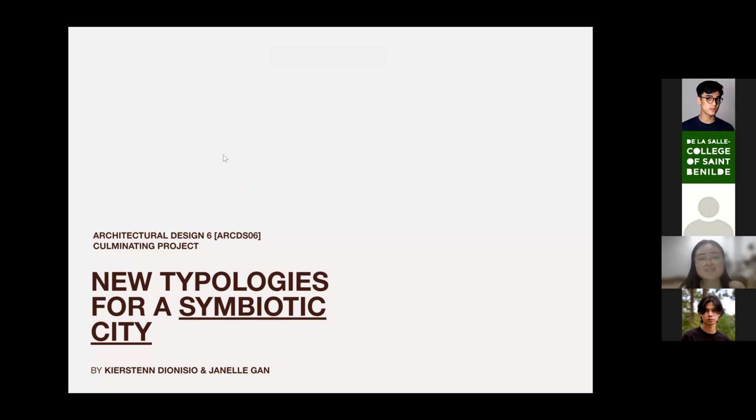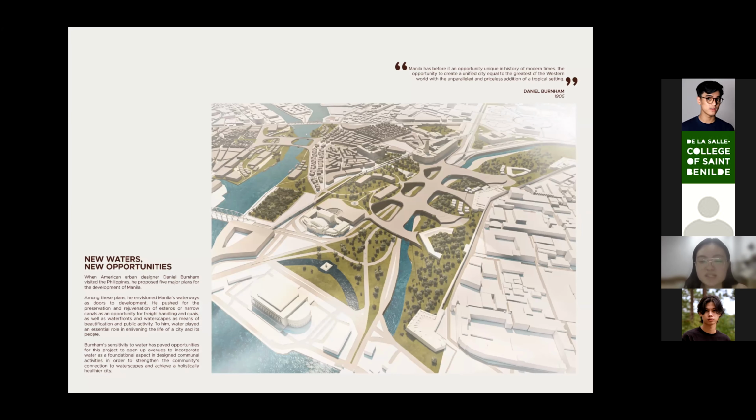Okay, so we'll be presenting the culmination of our two projects for this term. Just to preface, we'll be looking back on the master plan we had last term, which focused on creating a symbiotic city, which essentially means that we want people to turn towards nature, in the sense that despite being in an urban community, there are opportunities to integrate with nature.